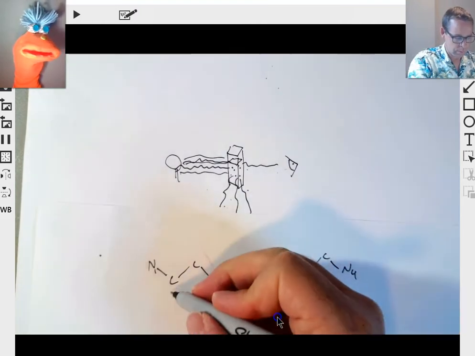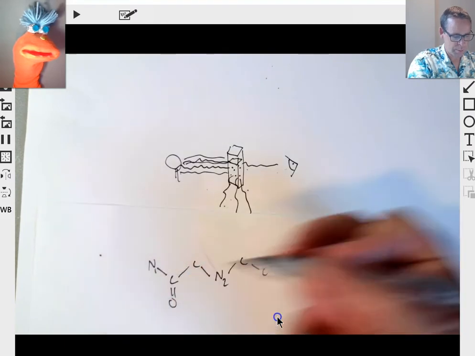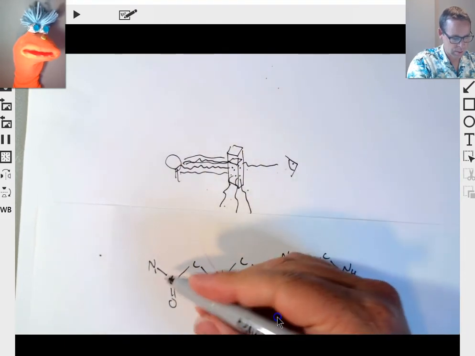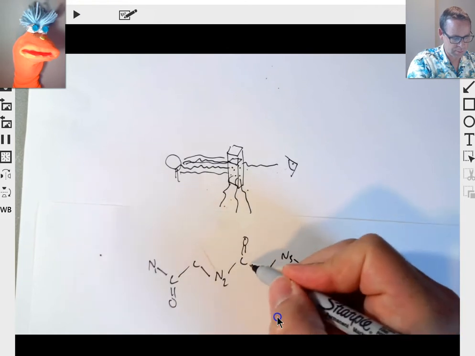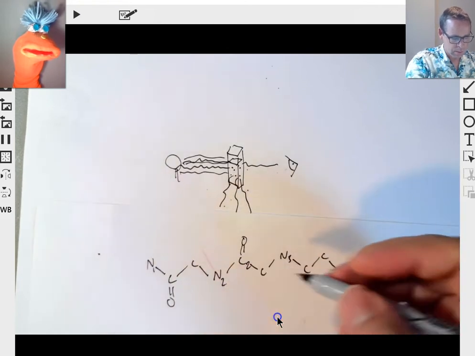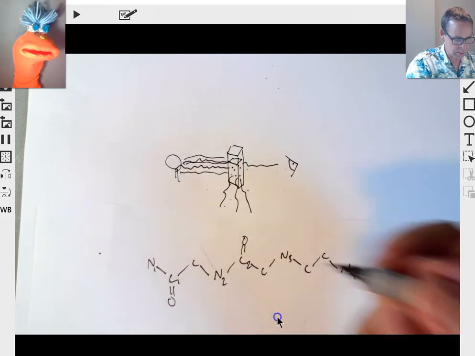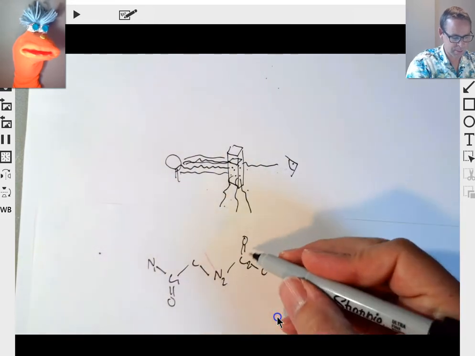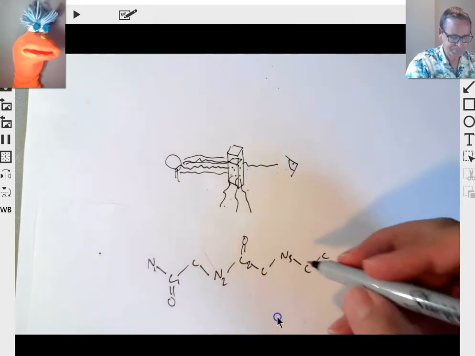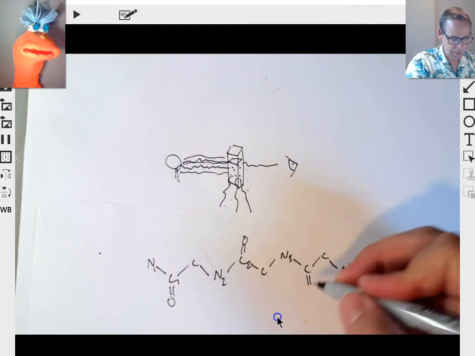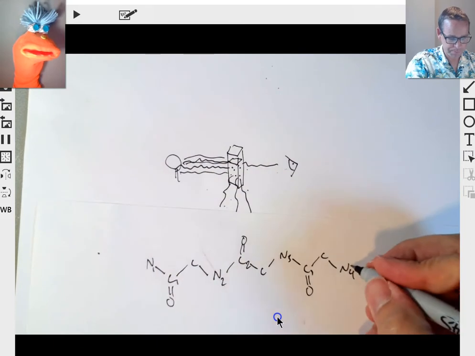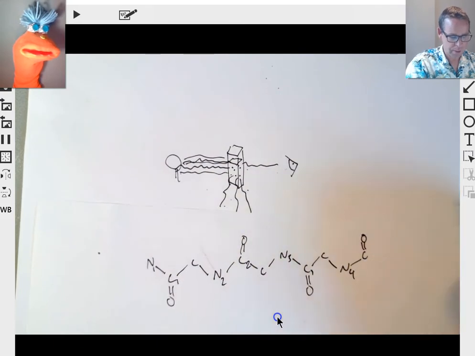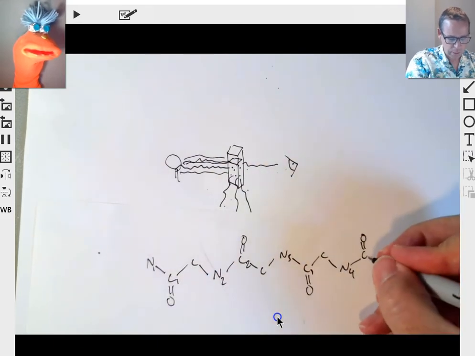So let's say this is our peptide bond here, right? So nitrogen, carbon, carbon, nitrogen, carbon. Our second peptide bond would be there. I'm going to put a 1 here to say that's the first peptide bond, second peptide bond there. The third one would be here, okay? And the fourth one would be there, okay?